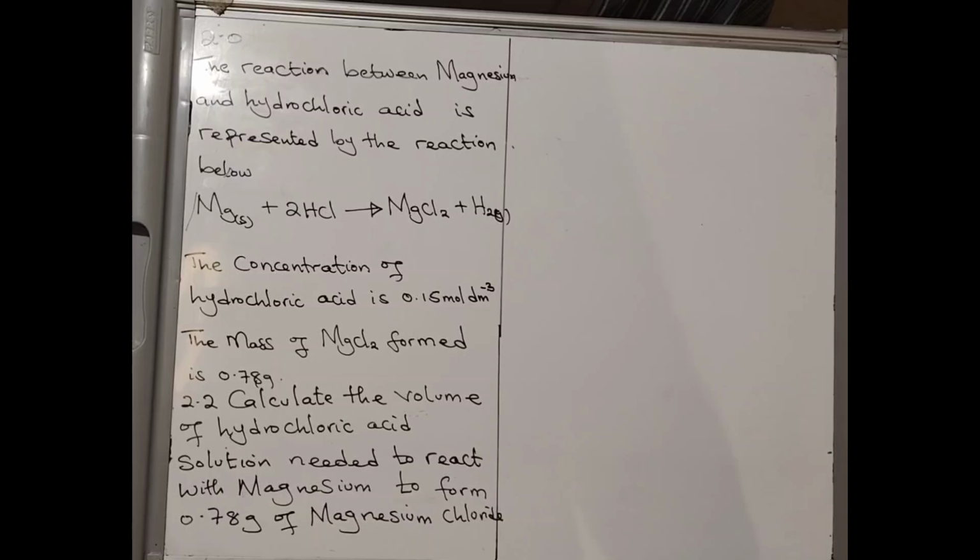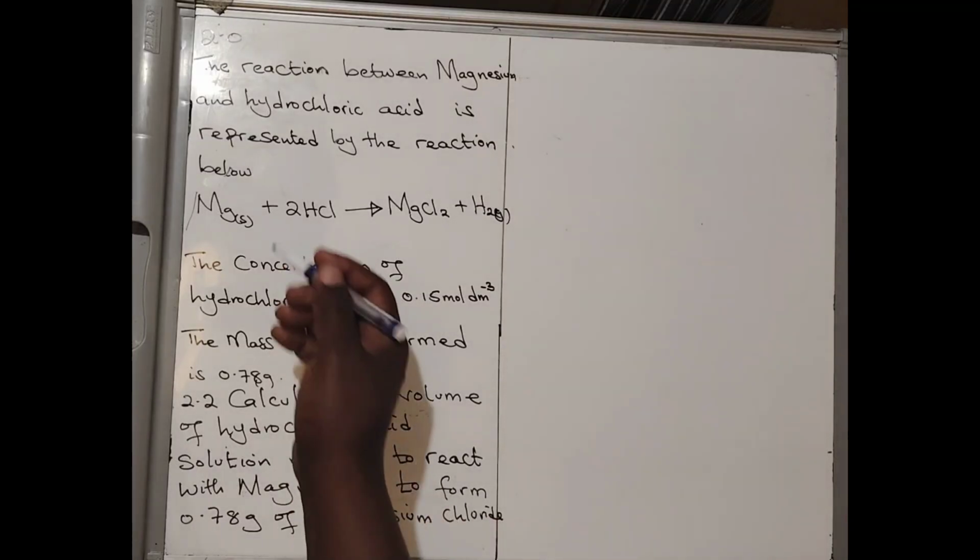Okay, then comes this question. The question says calculate the volume of hydrochloric acid solution needed to react with magnesium to form 0.78 grams of magnesium chloride. So when you look at this scenario, you have to come to our equations.